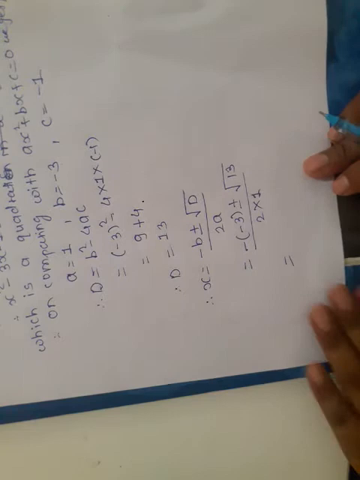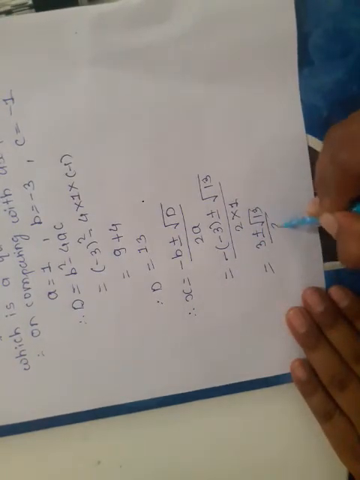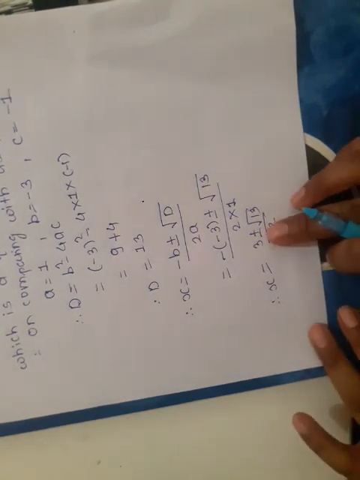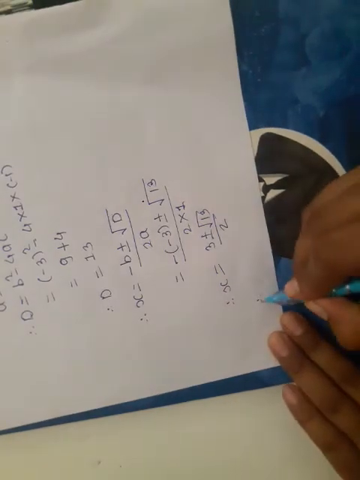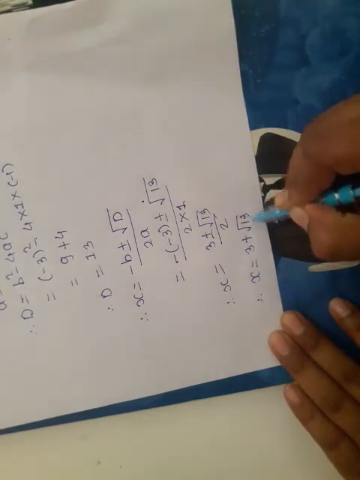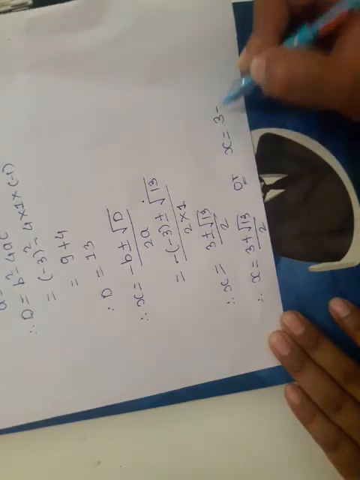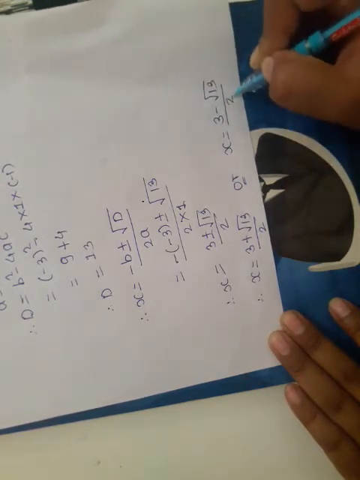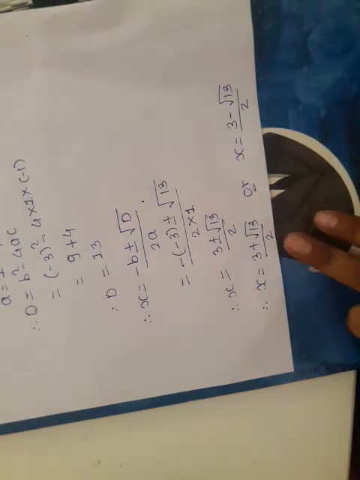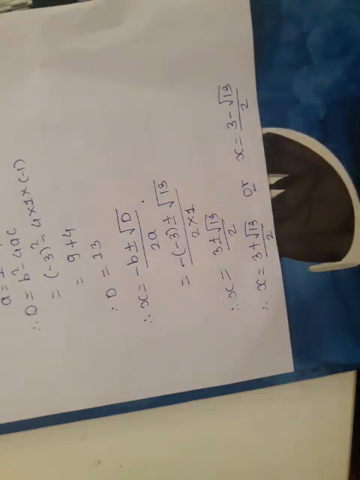After substituting all values, we get 3 plus minus root 13 upon 2. Plus minus sign is there, and therefore again we get two values of x: x is equal to 3 plus under root of 13 upon 2, or x is equal to 3 minus under root of 13 upon 2.